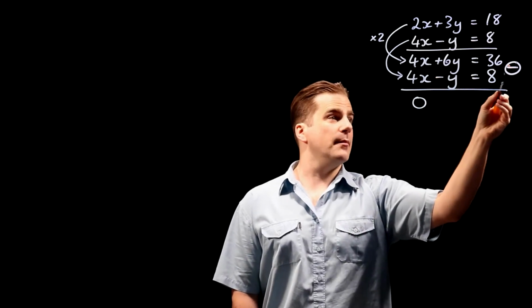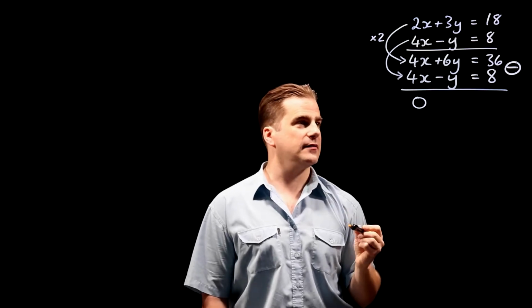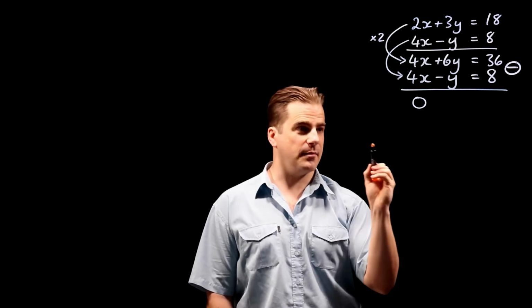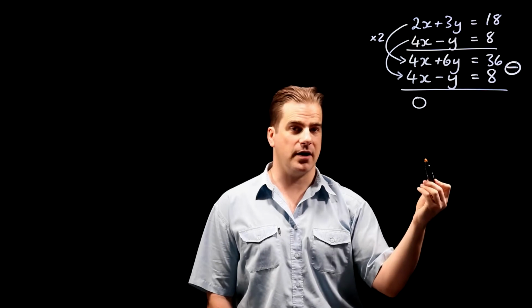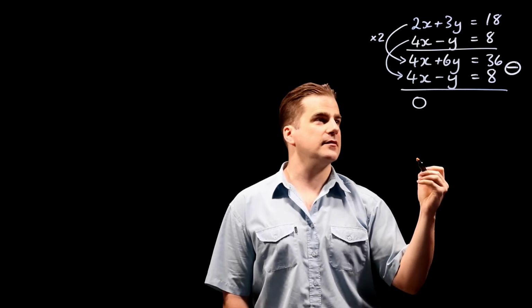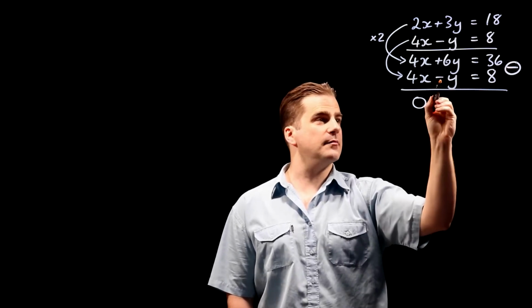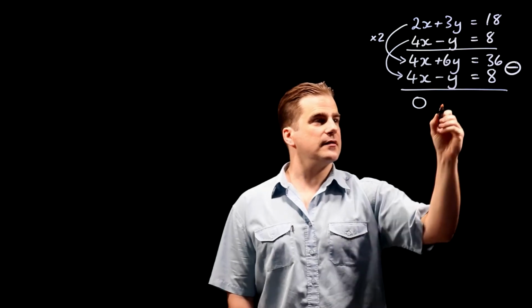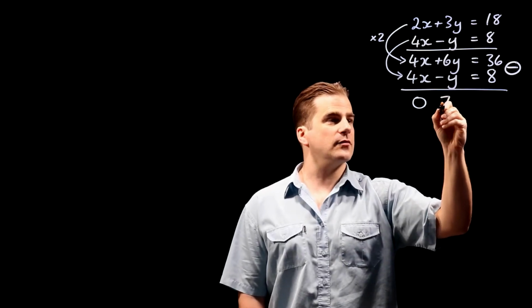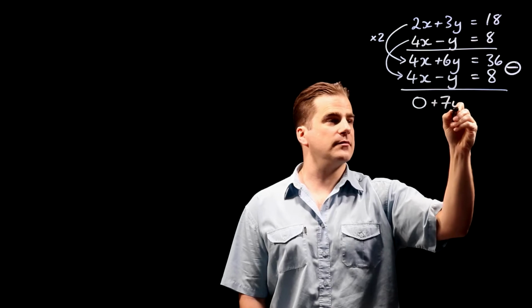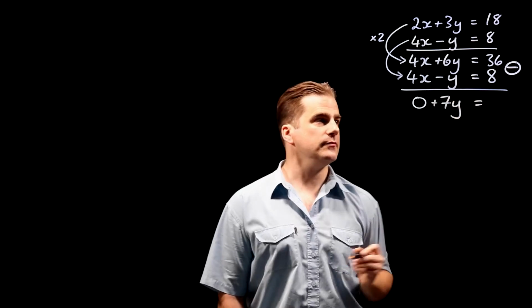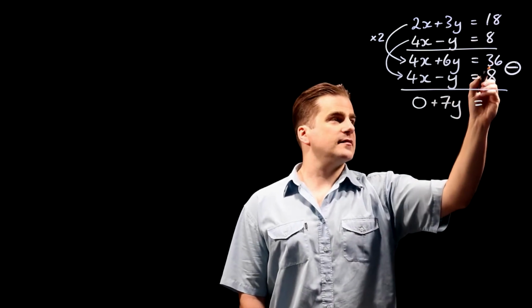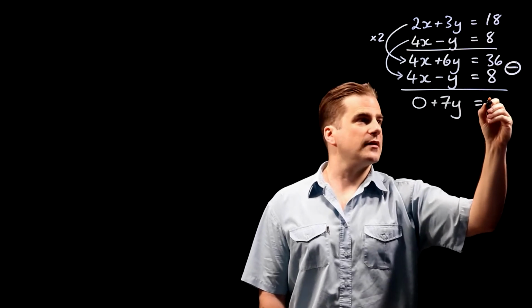And 6y minus minus y is 6y plus y, because a minus next to a minus is a plus. So 6y minus minus y is actually 7y, or plus 7y. And 36 minus 8 is 28.